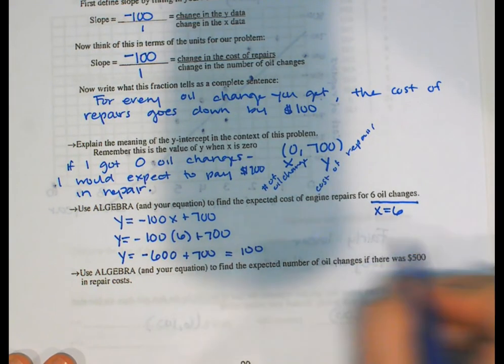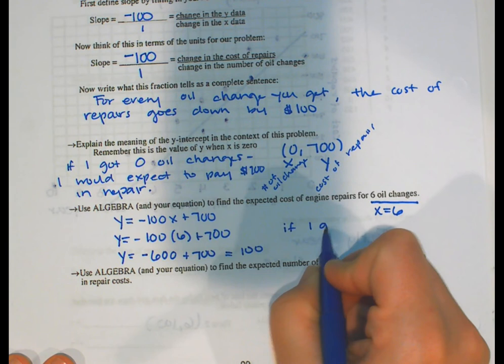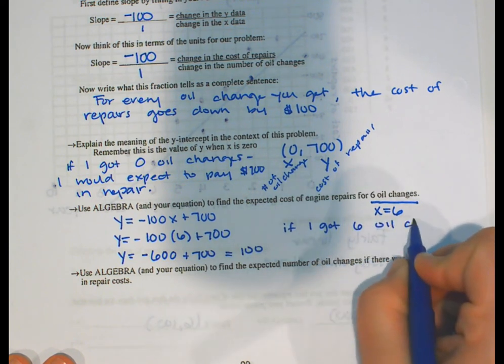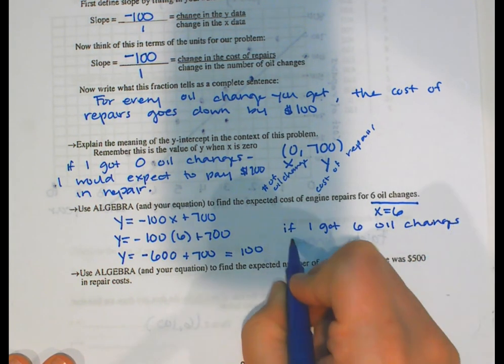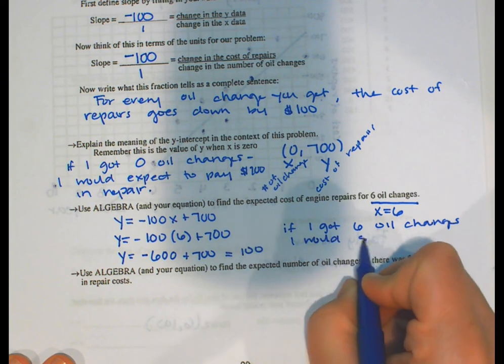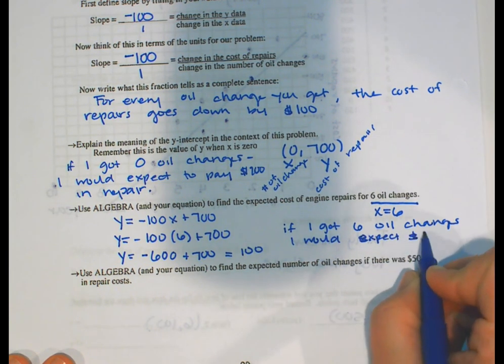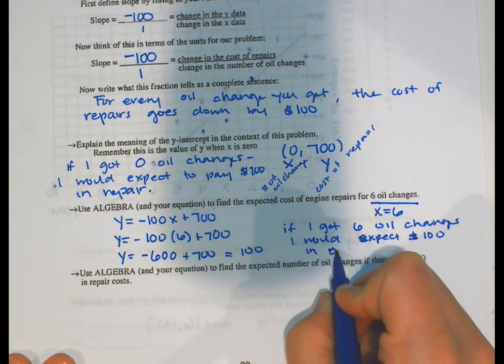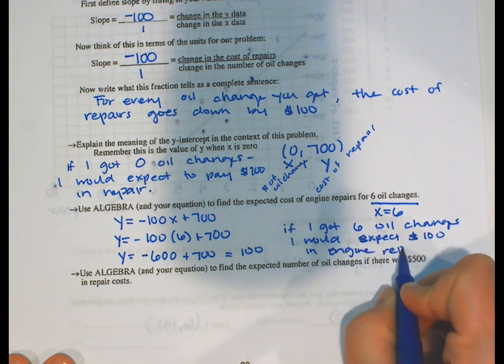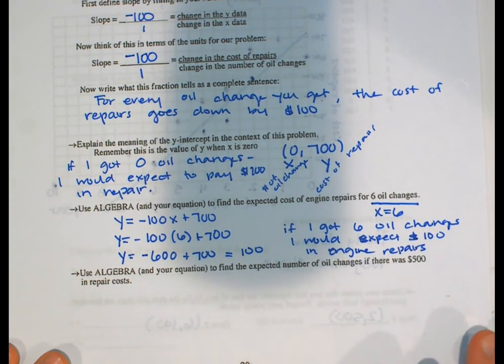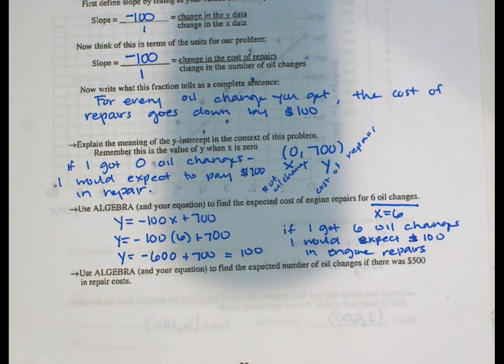So if I got 6 oil changes, I would expect $100 in engine repairs. Based off of my line of best fit, this is the prediction that I would make.